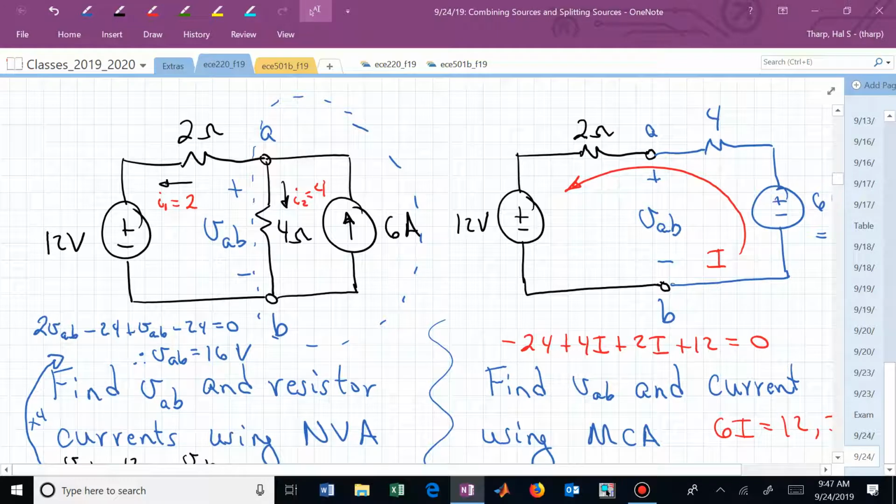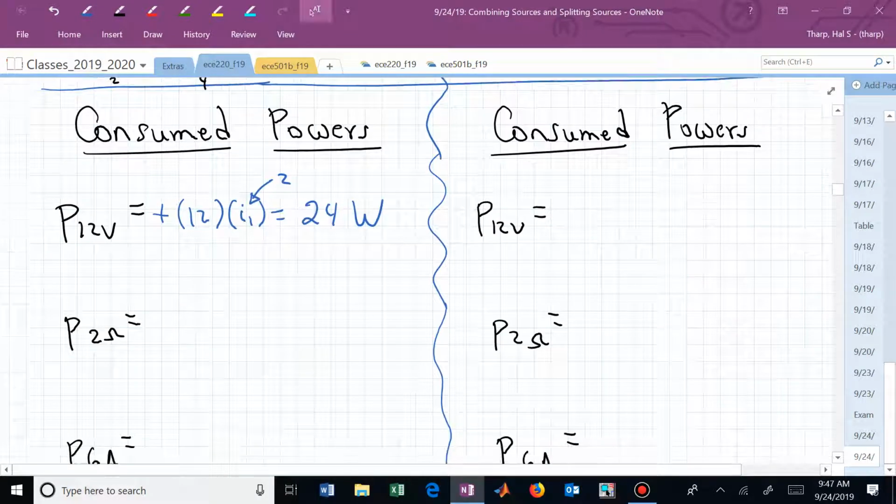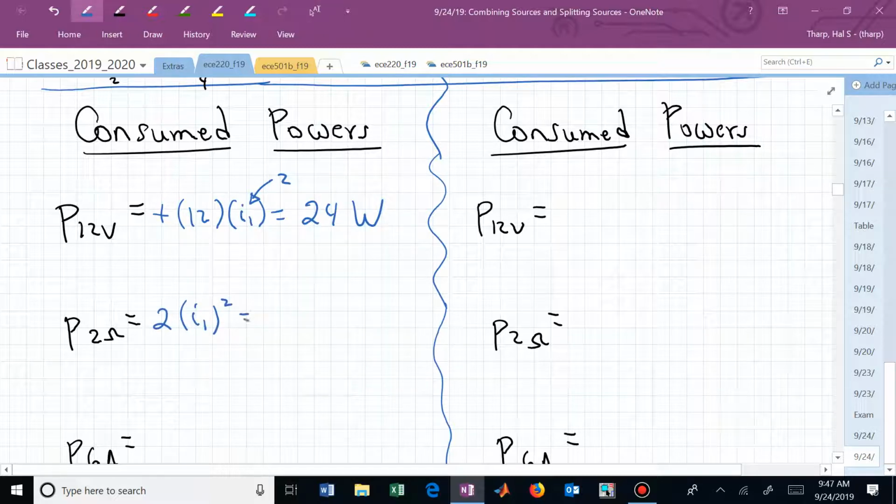What about the power consumed by the 2 ohm resistor? Ri squared, isn't it? Where I is 2. This is now 2 times I sub 1 squared.